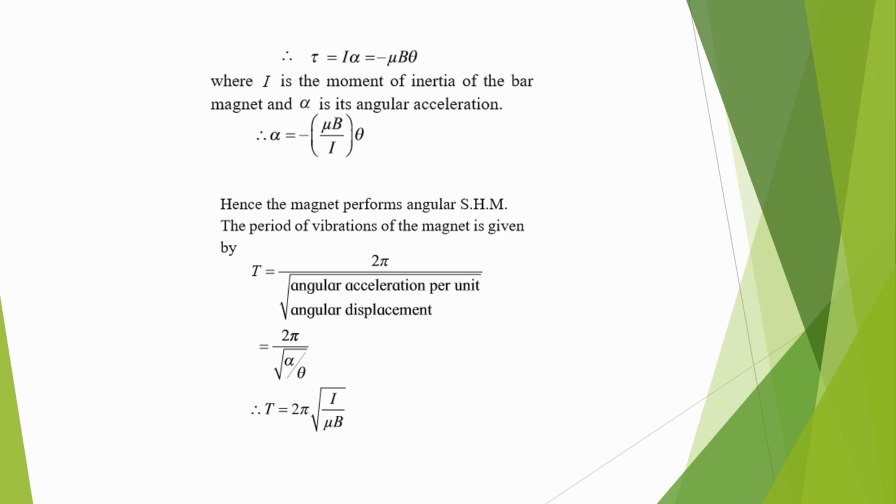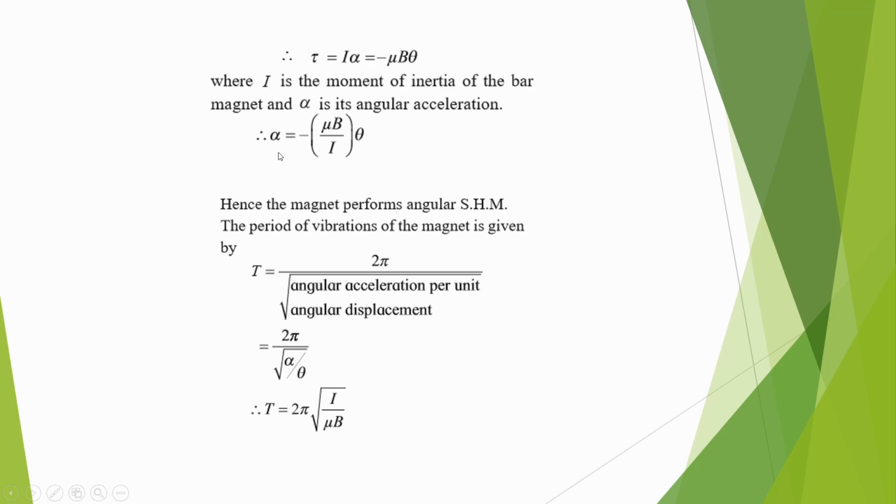Here mu is the magnetic dipole moment, B is the magnetic field, and I is the moment of inertia. Since mu, B and I are constant, alpha is directly proportional to theta and they are in opposite directions. What is angular SHM?